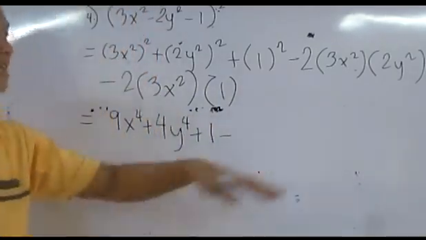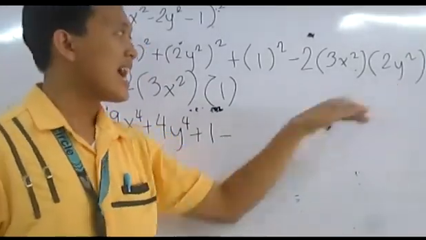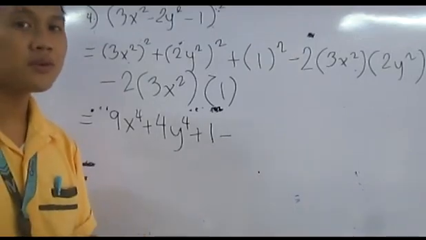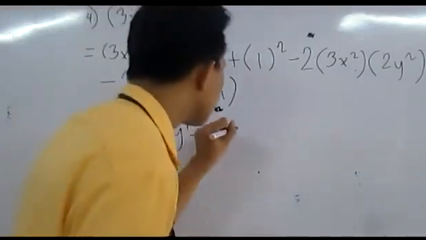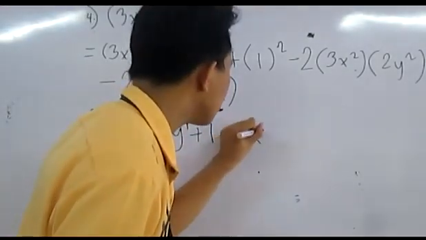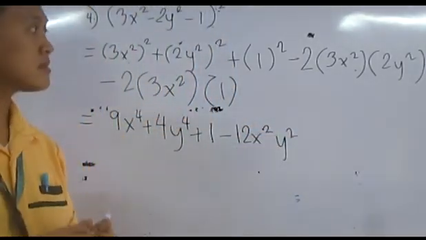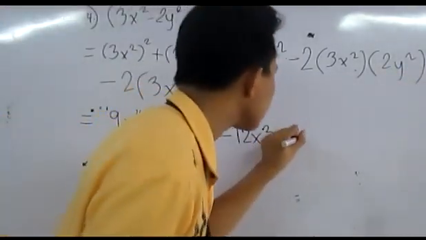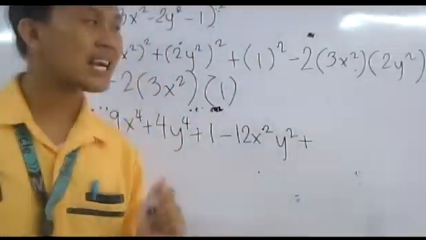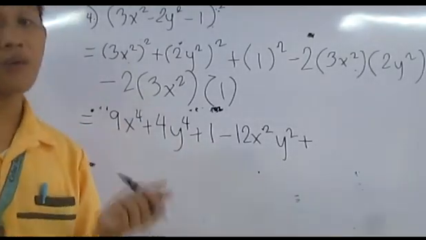minus 3x squared multiplied by 2y squared is 6x squared y squared, times 2, it's equal to 12x squared y squared, plus 2 times 2y squared is 4y squared, multiplied by 1, 4y squared.